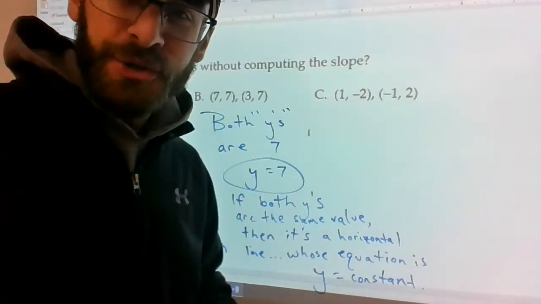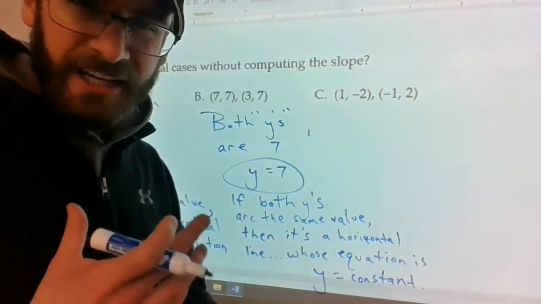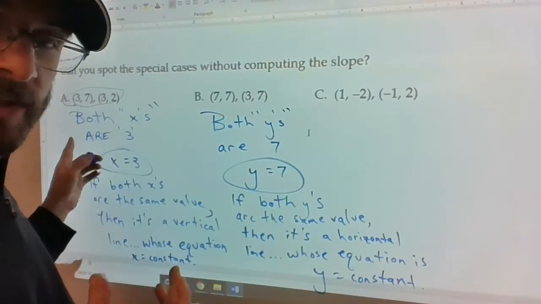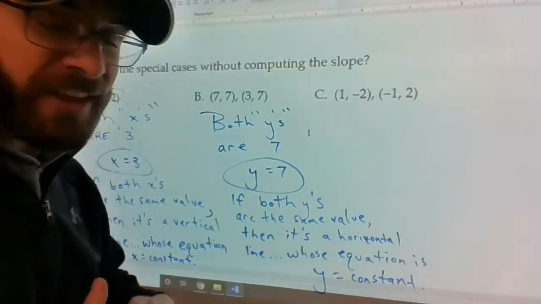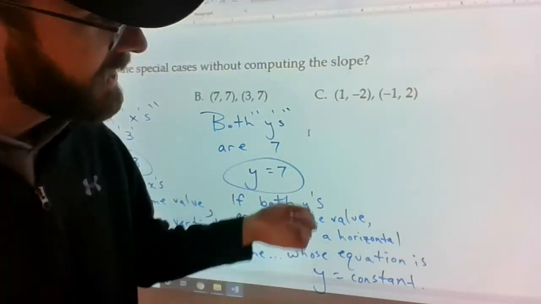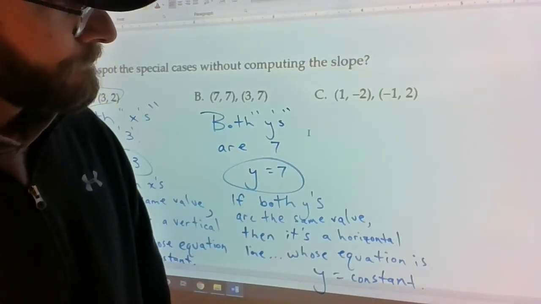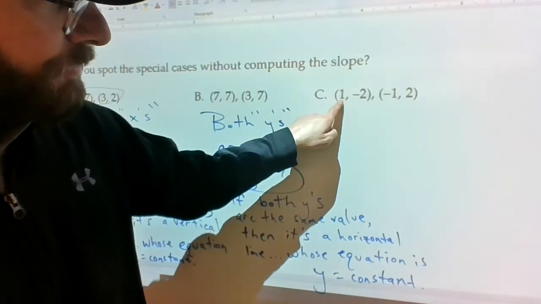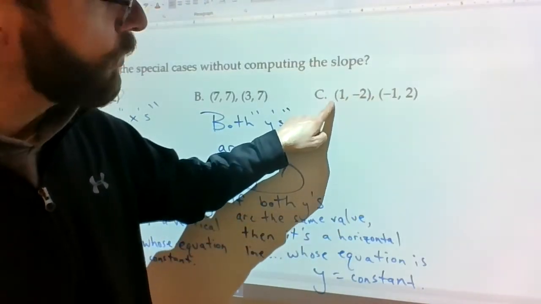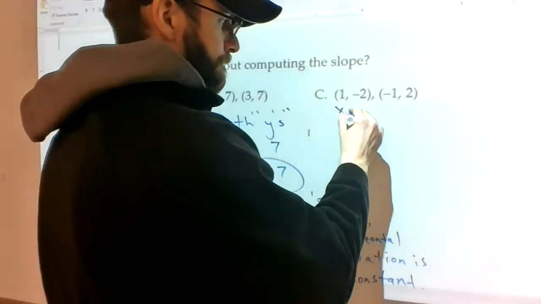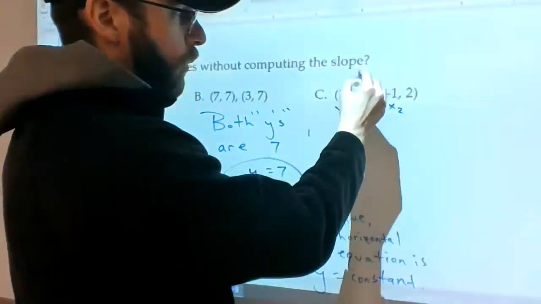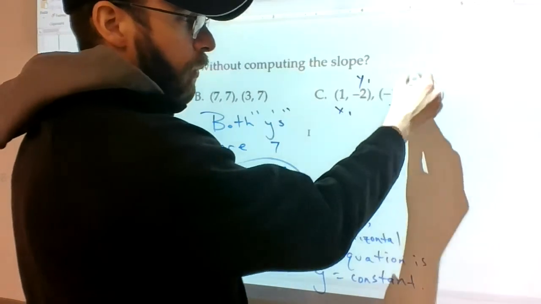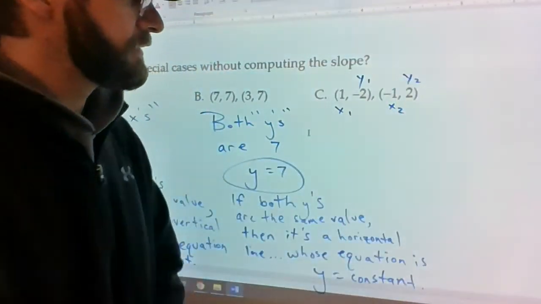All right, and then the last one. What I wanted to show you guys is that sometimes we get kind of caught up. Once we learn about special cases, then we think everything's a special case. If you look at part C, x is negative 1 here, but x is positive 1 here. Y is negative 2 here, but y is positive 2 there.